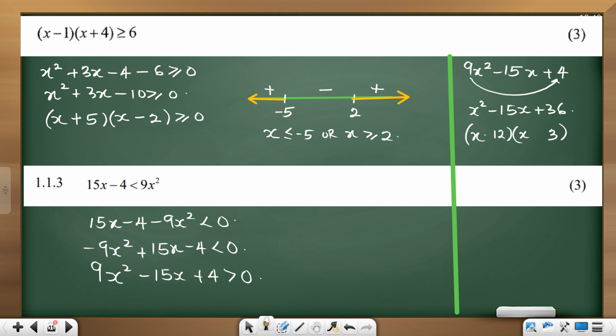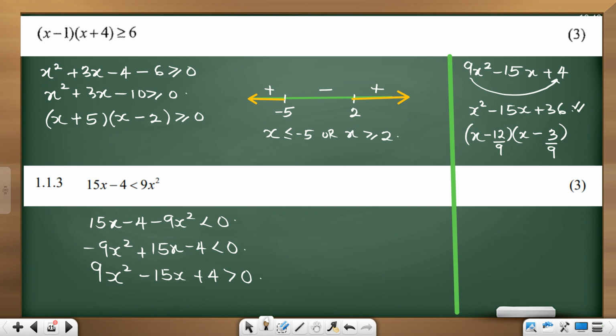I want a negative 15. Negative, negative. Now, watch what I'm going to do. My first step was to multiply by 9, right? I am then going to divide by 9. It's another method, and I've grown to love this method so much. Makes it simple. Everyone knows how to factorize at this point. The 9 is where the problem is.